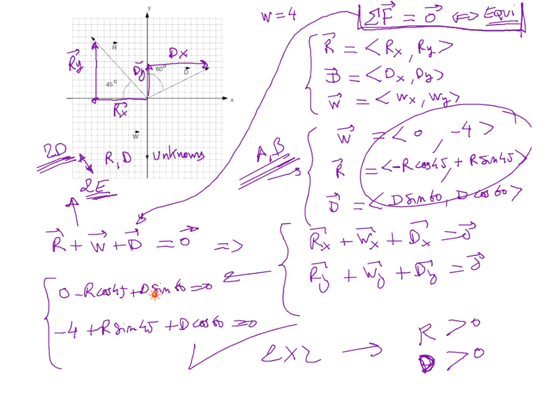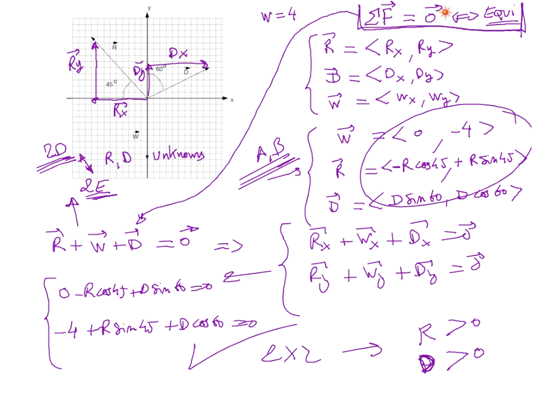The vector sum is 0, Crystal, but not the magnitude of D and R. If the magnitudes were 0, the system would not be at equilibrium and the whole system would go in the direction of W. Does that make sense? Remember, we're looking for the magnitude of D and the magnitude of R. Excellent question, though.